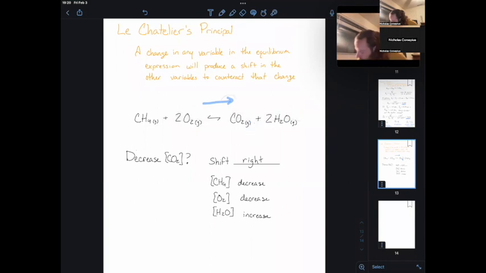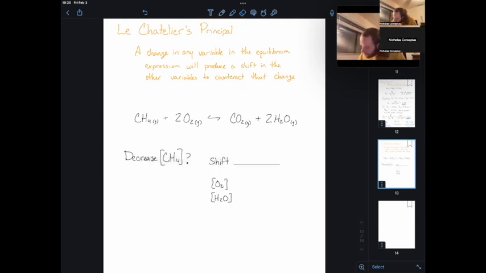One more just for the sake of completeness. Let's say that I decrease the CH4 concentration. Okay, see if you can't fill in here what will happen to the rest of the system. Which direction will it shift? Start there.